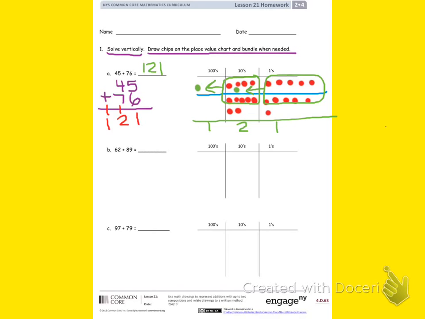First, solve vertically using a vertical algorithm, and then draw chips on the place value chart and bundle when needed. Remember, you only bundle when you have 10 that you can circle and move over to the column to the left. Then add up the numbers in each column and write down the sum.